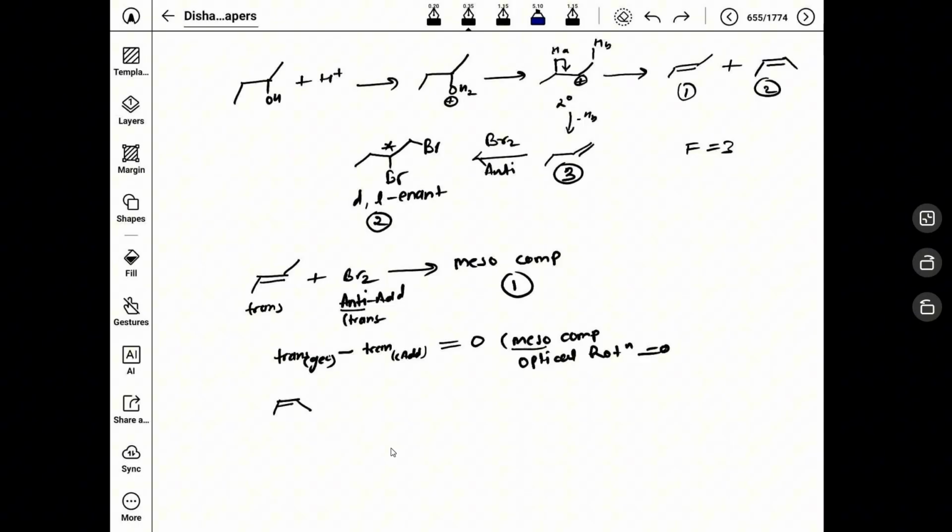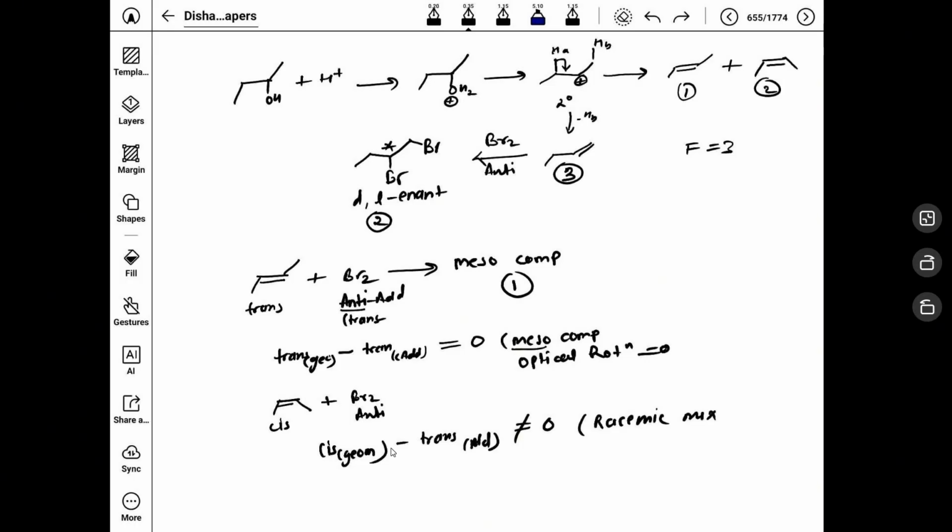Okay, now if you have cis geometry and it is bromination, which is anti. So cis geometry minus trans addition, you will get non-zero. So in this case you will have racemic mixture.